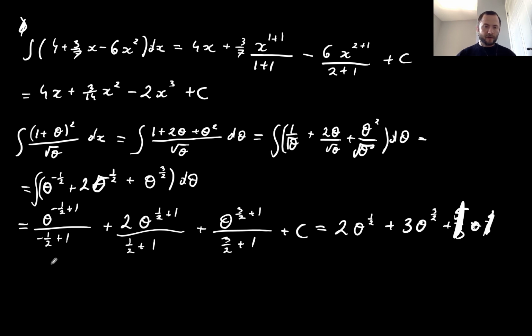Let me do it in the line below. So that will be 2 over 5 of theta to the power of 3 over 2 plus 1, which is 5 over 2. Theta to 5 over 2 and plus the constant of integration.